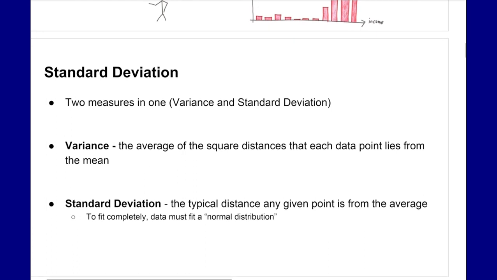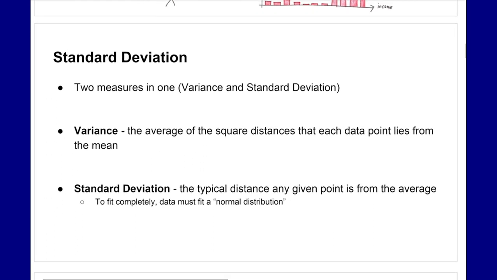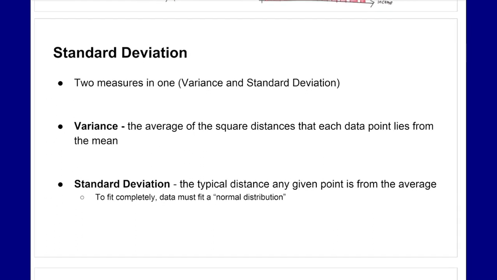Standard deviation is the main one we focus on today, and it contains two measures in one: the variance and the standard deviation. When we calculate standard deviation, we actually find the variance first. The variance is the average of the squared distances that each data point lies from the mean. And standard deviation tells us the typical distance any given point is from the average.